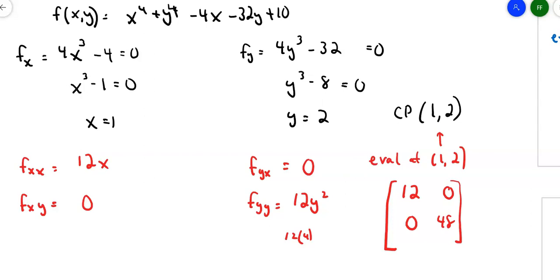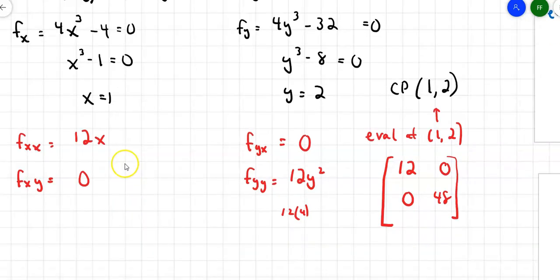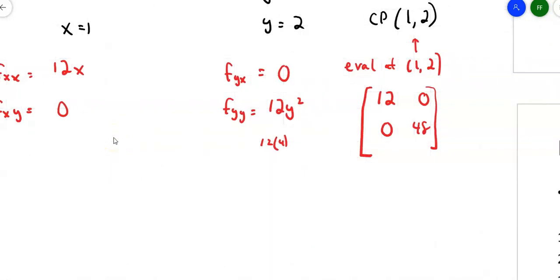That's my Hessian matrix. Take the determinant of that matrix. So the determinant of my Hessian matrix is going to be 12 times 48 minus 0, which, if I throw it on a calculator, 12 times 48 equals 576.